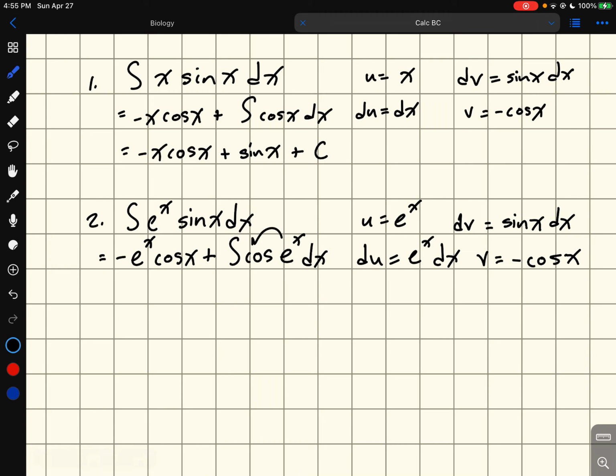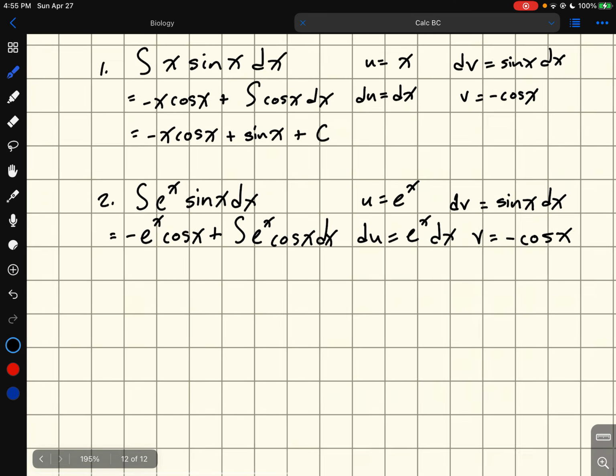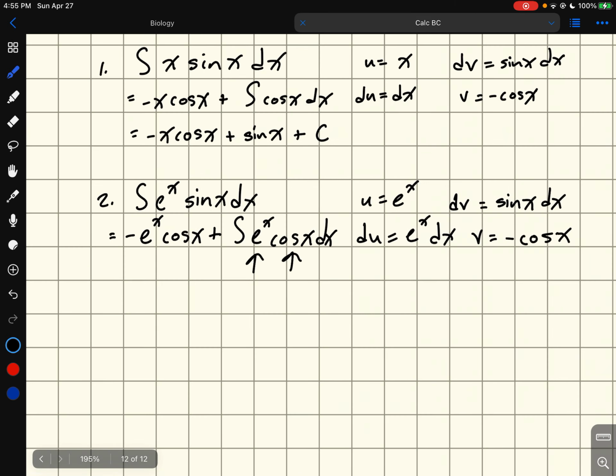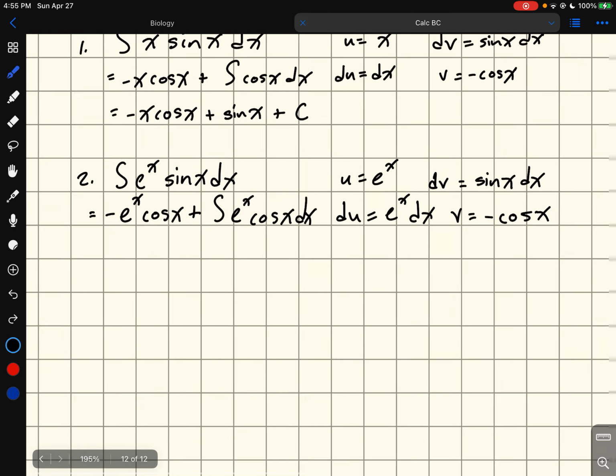I'm going to switch these because it makes more sense. Oh, I forgot the x after cosine, but e to the x cosine x dx. Okay, and then we have another integration by parts, so let's just do it one more time.